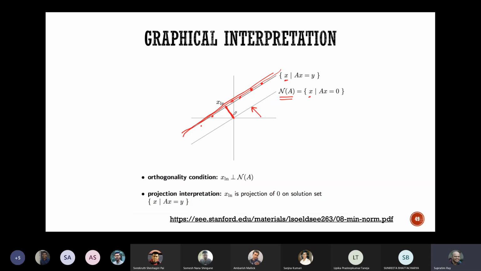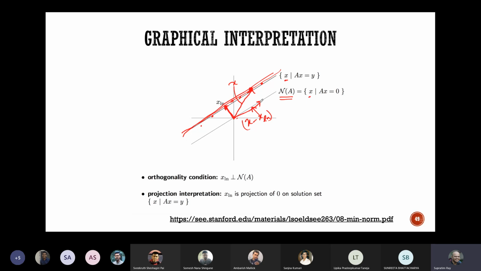This is the smallest distance between 0 here and this. So x_ln is this vector. Now, if I look at any other vector, let's say x, this is that x value, and this was my x minus x_ln.